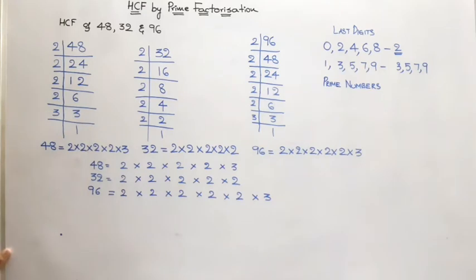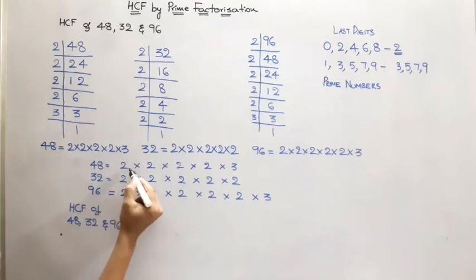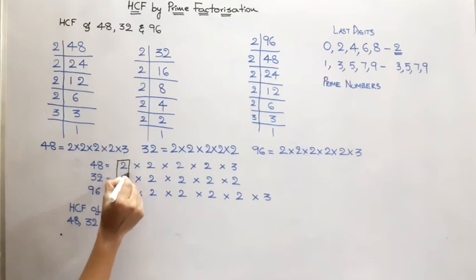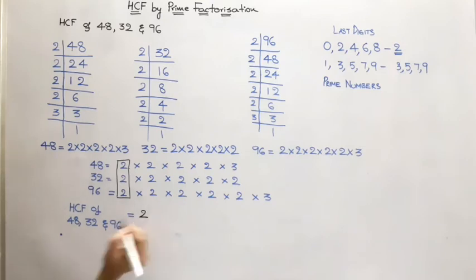Now please observe, children. Now we are going to find the HCF of 48, 32 and 96. Please look at the board carefully. In the first line, in 48 we have 2, in 32 we have 2, and in 96 we have 2. Take this as a combination from which we can take only one 2.